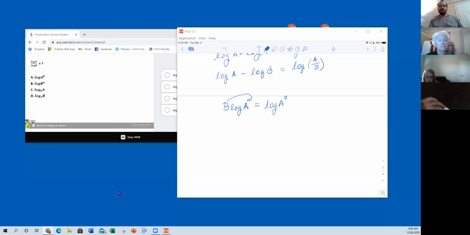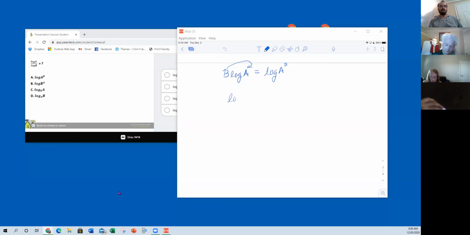Last one. This is the change of basis formula, log base B of A. And the reason you want to know that is, what if you're given something like log base 2 of 8?